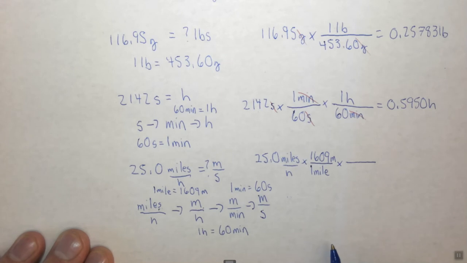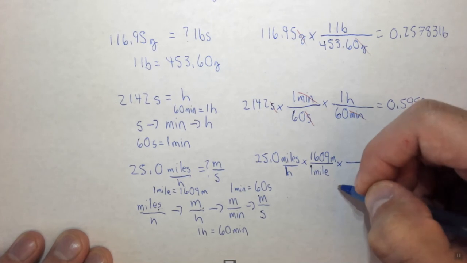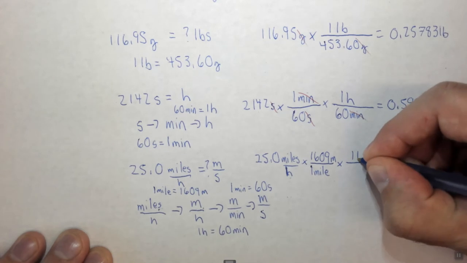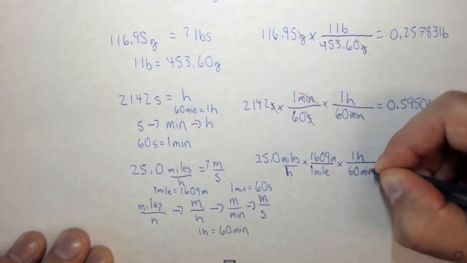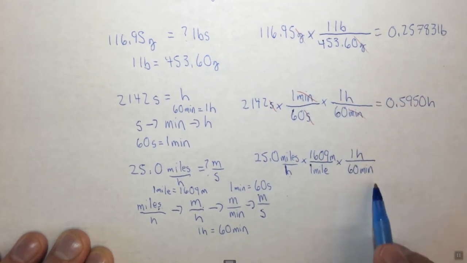For the next conversion, I now have meters per hour because miles have canceled out. But hours is still on the bottom. So I want to get rid of hours, this time on the bottom. So I want to put 1 hour on the top and 60 minutes on the bottom. Now hours will cancel and I'll have meters per minute.